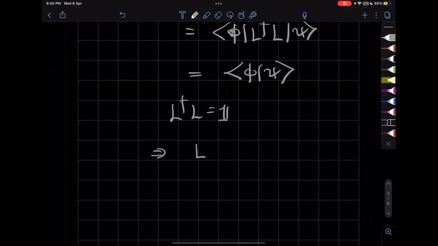In other words, that the linear operator is unitary. Okay. So transformations that we make on our system are implemented on the Hilbert space by unitary operators. And therefore, unitary representations of groups are important.